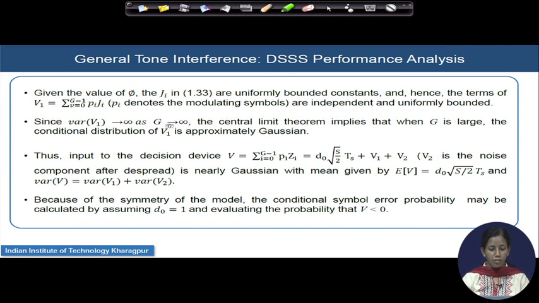So, if this G is not tending towards infinity, the value of G is really not high, the central limit theorem does not hold good, and if it does not hold good, then this approximation that V1 will be Gaussian does not hold, and if this is not Gaussian, then V won't have a Gaussian distribution.